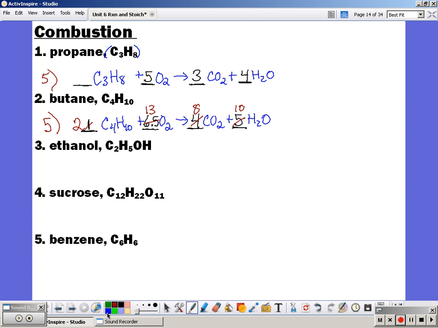C2H5OH is a hydrocarbon even though it contains oxygen. So this is still a combustion reaction. So we'll have to say plus O2 yields CO2 plus water.